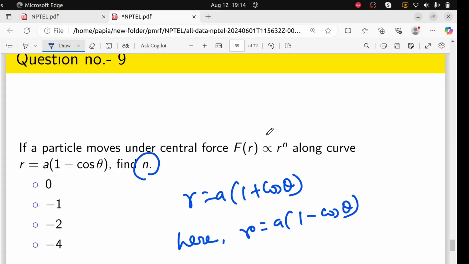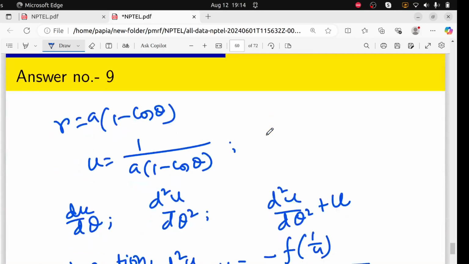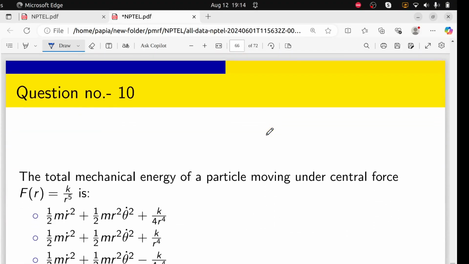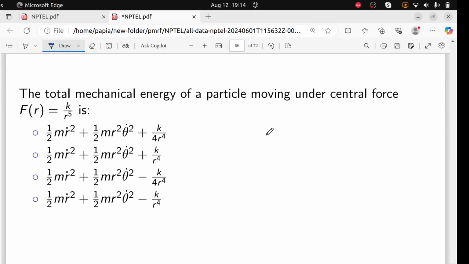So now we can proceed to the final question. The total mechanical energy of a particle moving under central force F equals k by r to the power 5 is. By seeing the question, I can directly answer, but I just need to explain a little bit.